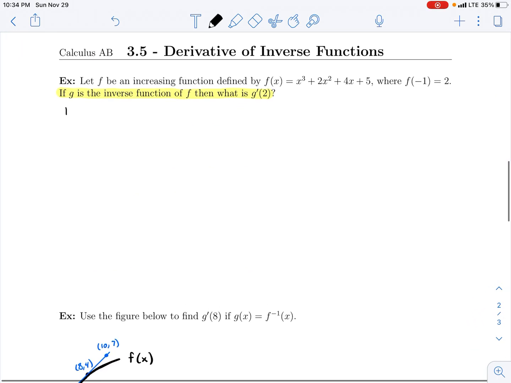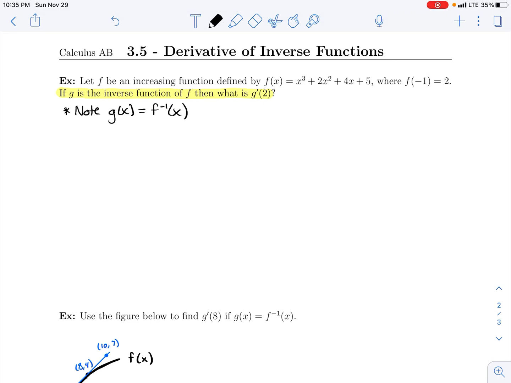So I'm just going to note g of x is equal to f inverse of x. Okay, so that means that g prime of 2 is equal to the derivative of f inverse of 2, which is equal to 1 over f prime of f inverse of 2.